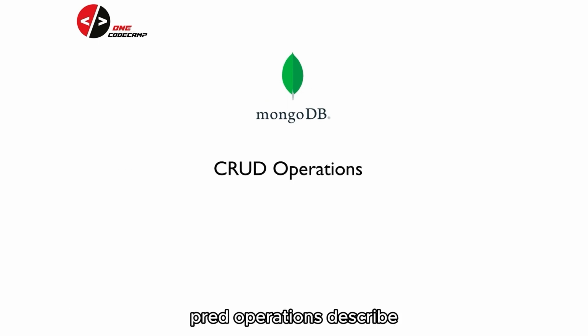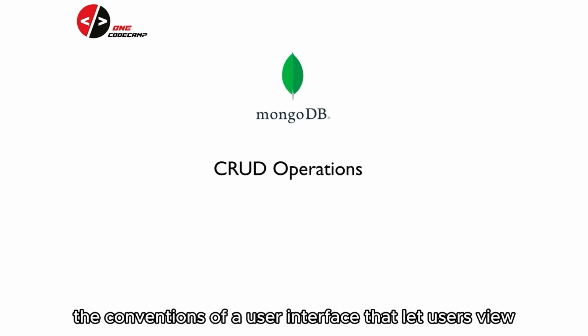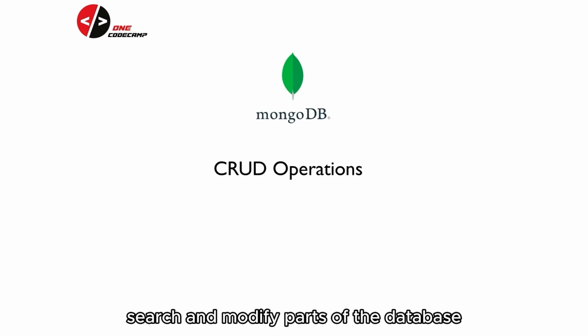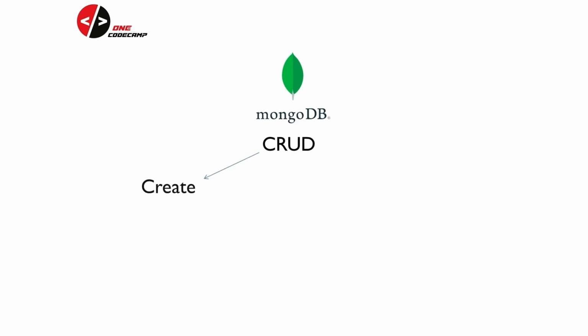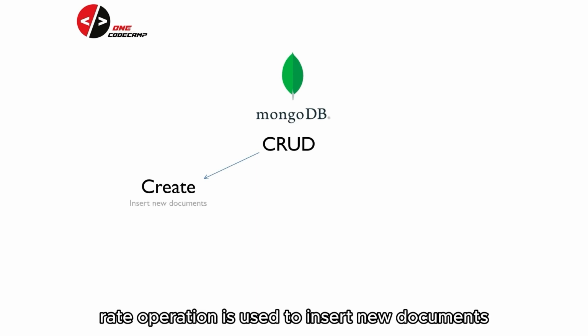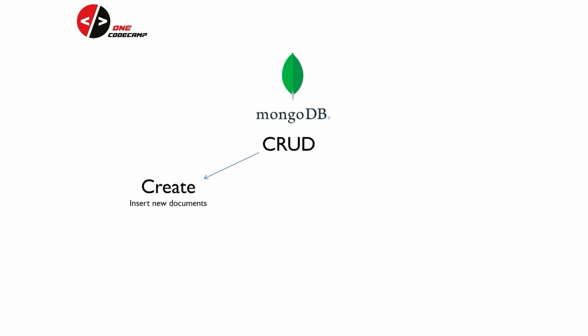CRUD operations describe the conventions of a user interface that let users view, search, and modify parts of the database. Let's look into it one by one. C in CRUD is create. Create operation is used to insert new documents in the MongoDB database.